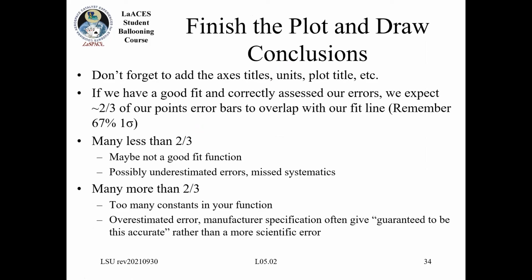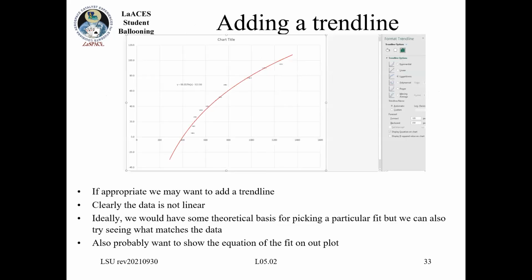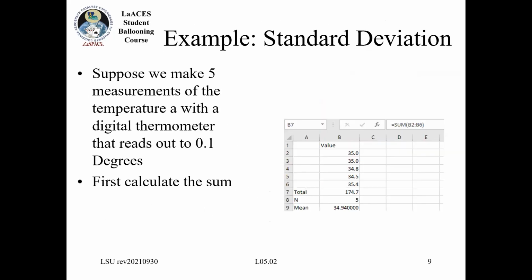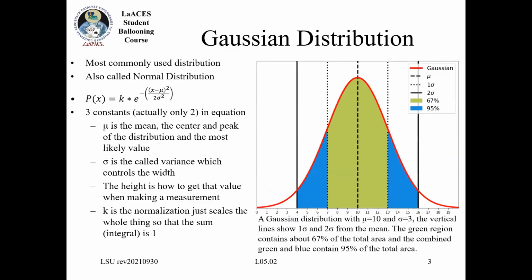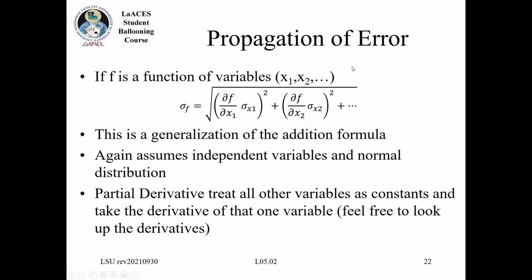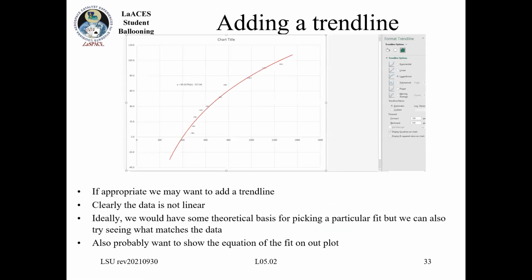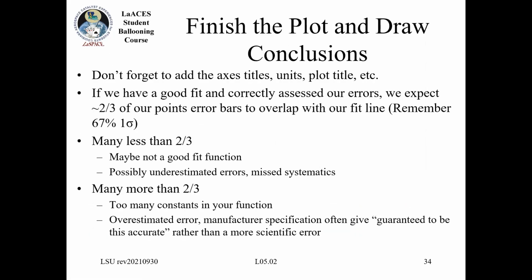So we expect about 2/3 of our points' error bars to overlap our line if it's a good fit. That comes from all the way back in the second slide, where we expect about 2/3 of the measurements to lie within that 1 sigma region, because the error bars should be representative of 1 sigma.